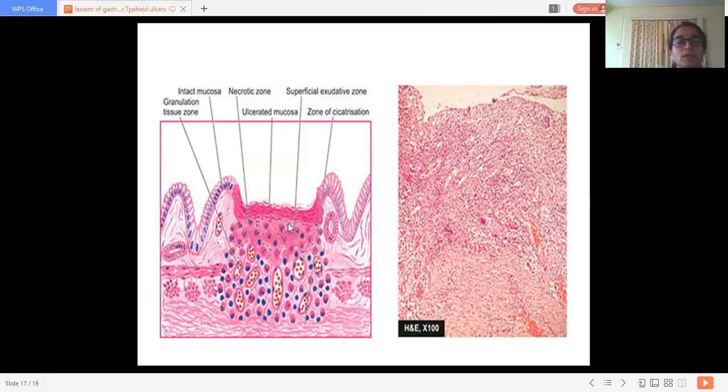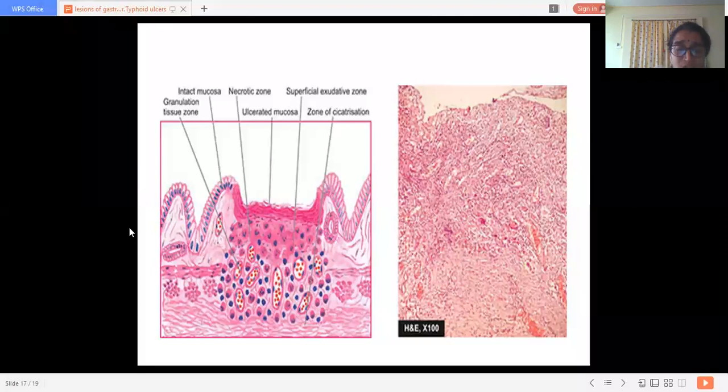This part is the necrotic zone. Then this is the ulcerated mucosa. See, this is congested. The sides of these ulcers get congested and indurated. And the superficial exudative zone is there, and the zone of cicatrization. So this is the histopathology of typhoid ulcers.